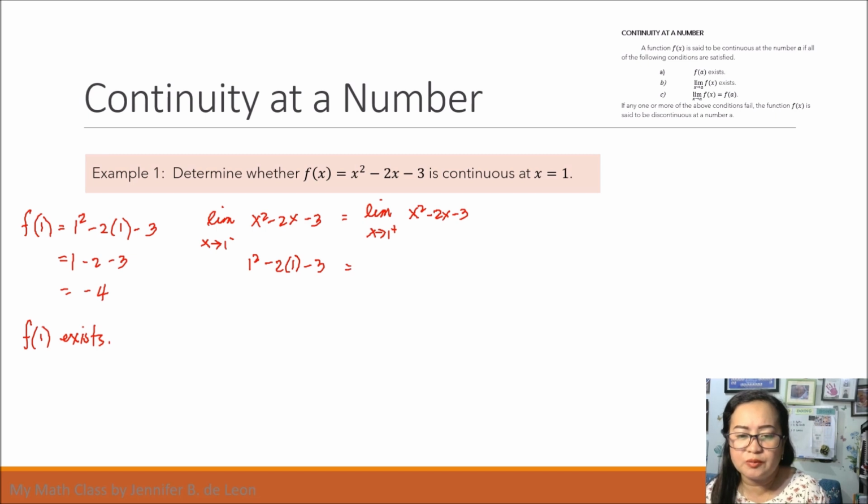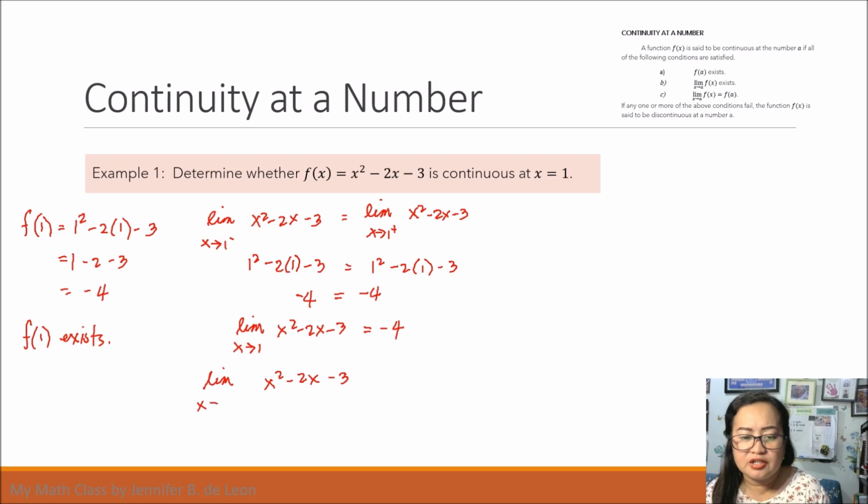We can see that they are both equal to negative 4. So hence, we can say that the limit of x squared minus 2x minus 3 as x approaches 1 is equal to negative 4. Hence, the limit exists.